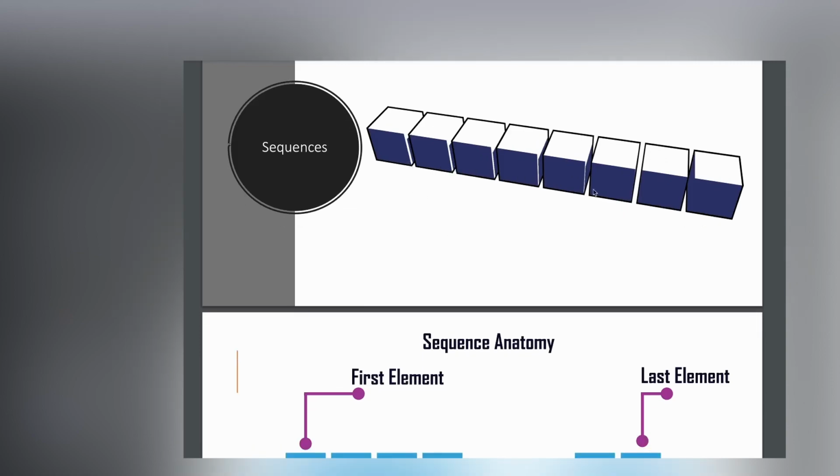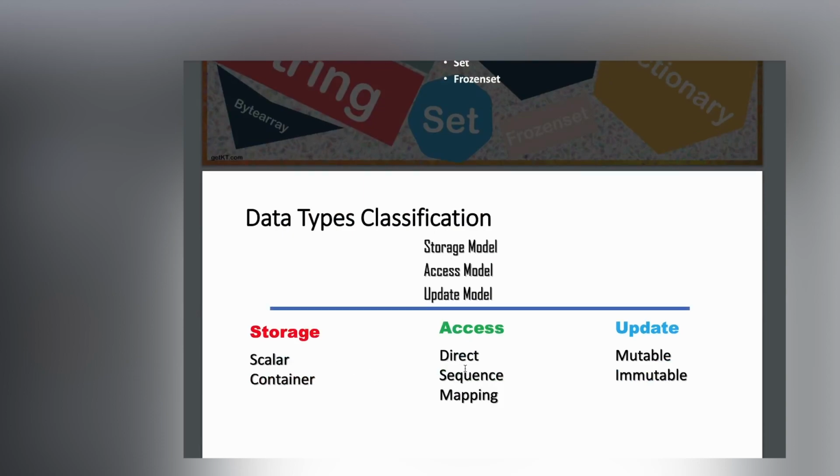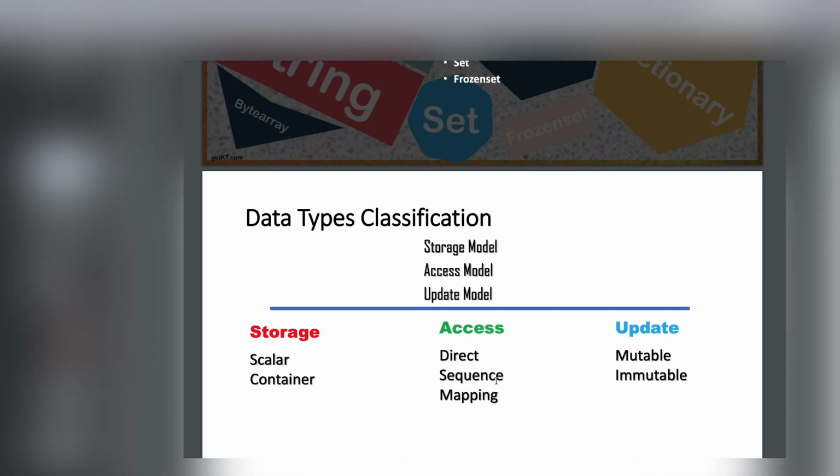Sequence means that, not necessarily in Python, they are stored in a contiguous manner in memory, because it uses the heap. In sequence types, elements are stored one after the other, and we tend to access them one after the other. A string may resemble a sequence type, but it is a scalar type, not a container; it supports what is called the sequence access model.